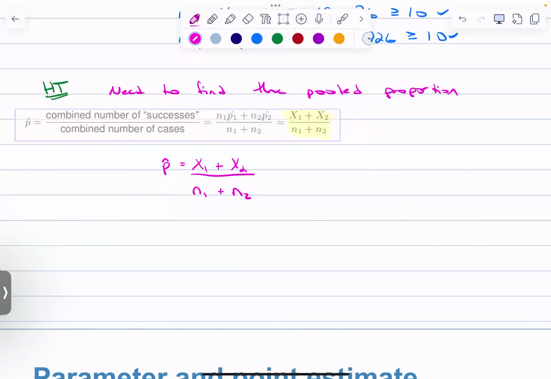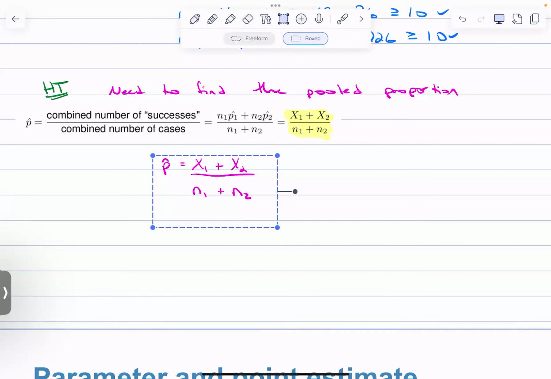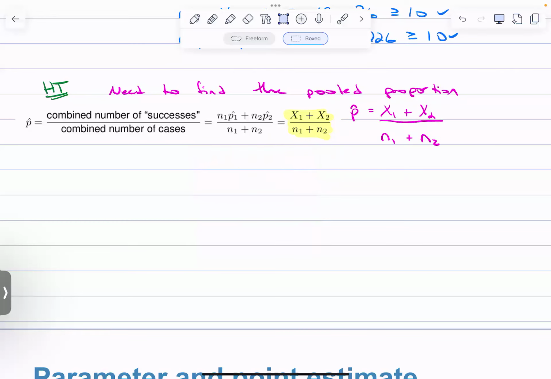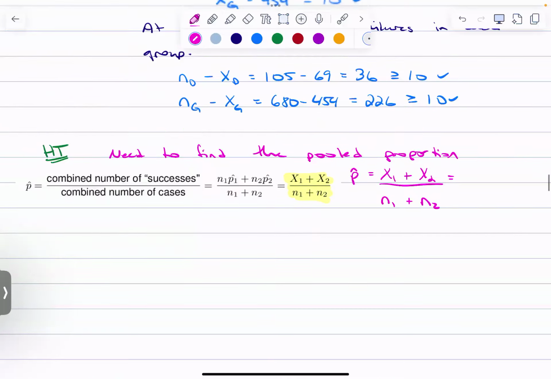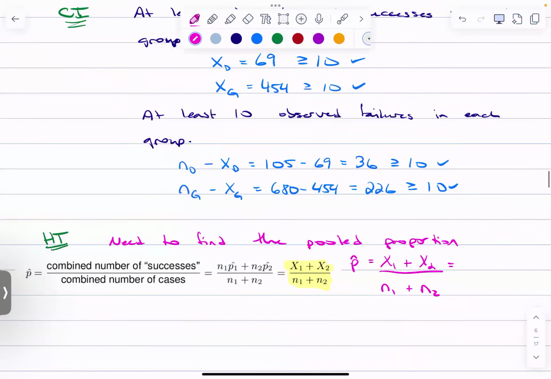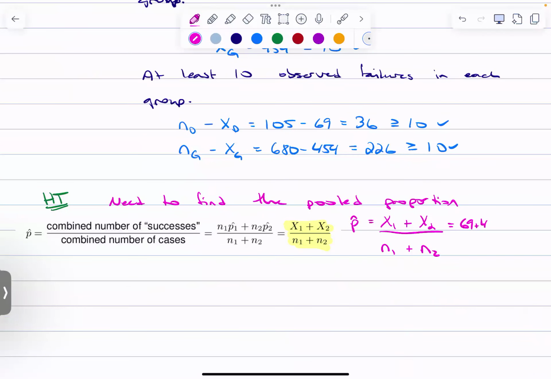This is going to be 69 plus 454 over n1, 105, plus n2, 680. 69 plus 454, just shoving them all into the same pile, out of 105 plus 680, which is 785.